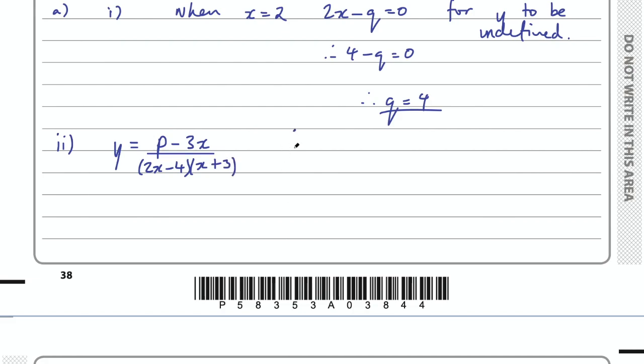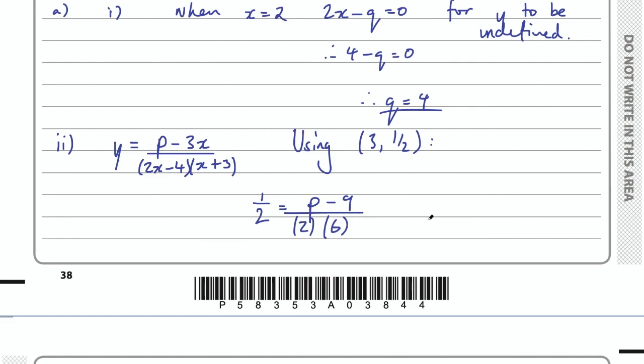And then we could say using the point (3, 0.5), plug that in here, so we'll get 1/2 equal to (p take 3 times 3 is 9), all over (2 times 3 is 6, take 4 is 2) in that first bracket, and then 3 plus 3 is 6 in the second bracket.